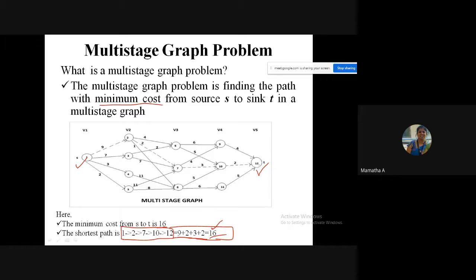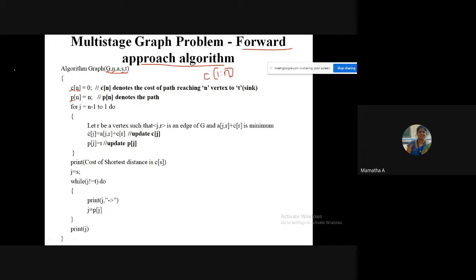So we don't name the vertices haphazardly. In order only we will maintain. The last one will be your sink node. So right now, C of n, that is the cost of reaching n vertex to the sink node, is 0.